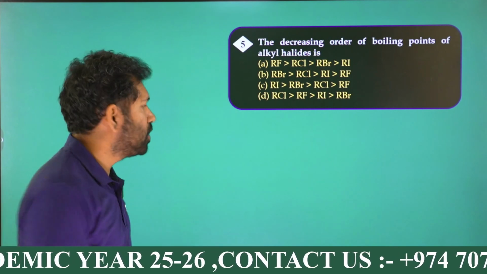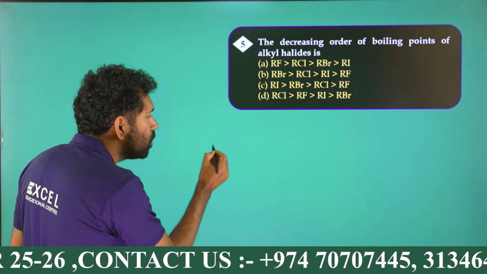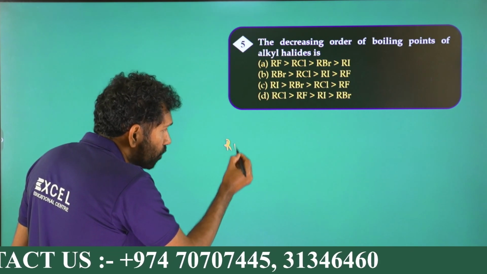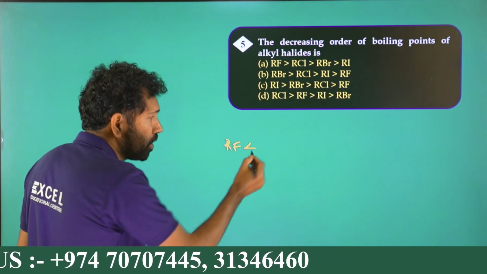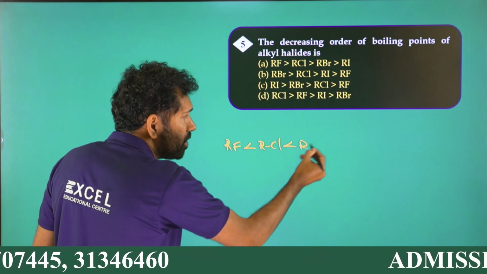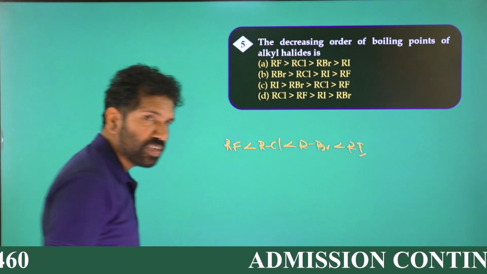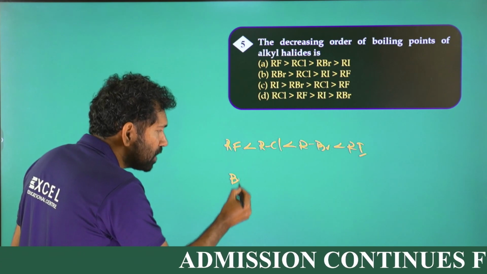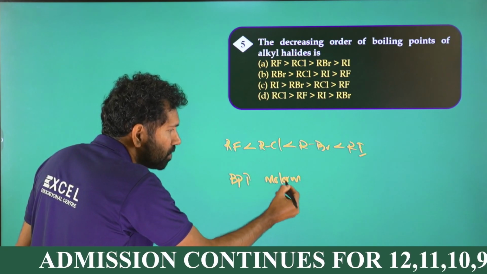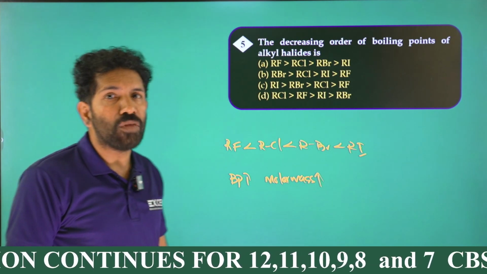The order is: alkyl fluoride has the lowest boiling point, then alkyl chloride, then alkyl bromide, then alkyl iodide. Boiling point increases with the increase in molar mass.